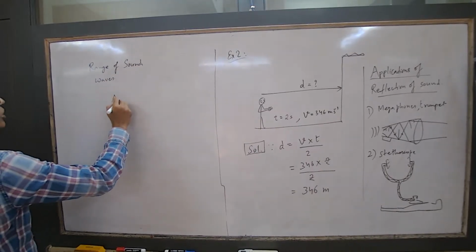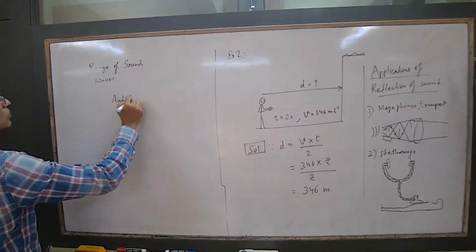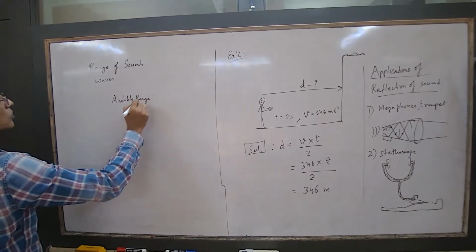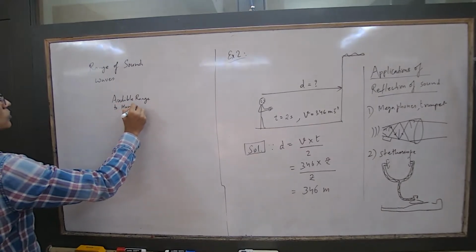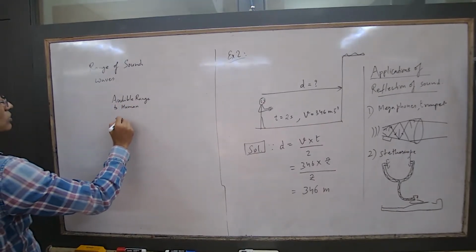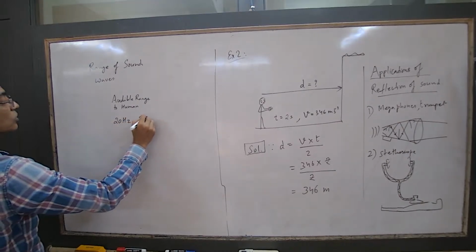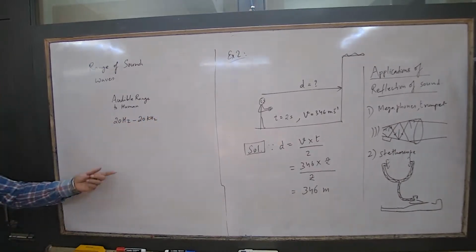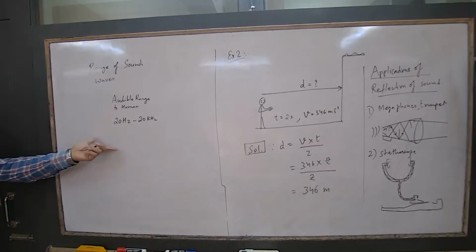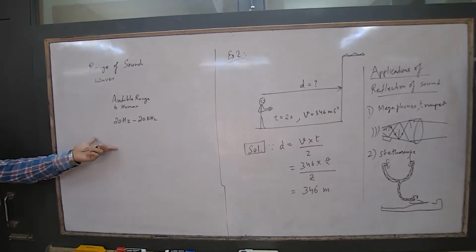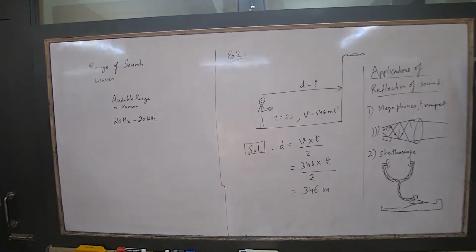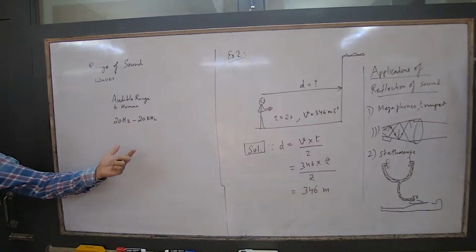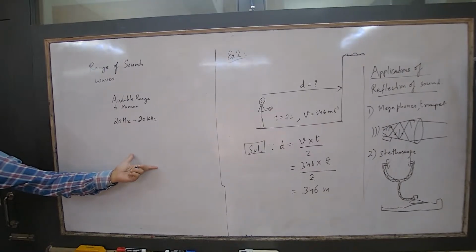So you have the audible range to humans, which is all the frequencies from 20 Hz to 20 kilohertz. Humans can only detect sound in this range. We cannot hear sound below or above this frequency. But there are sound waves which can be detected by animals, bats, right?